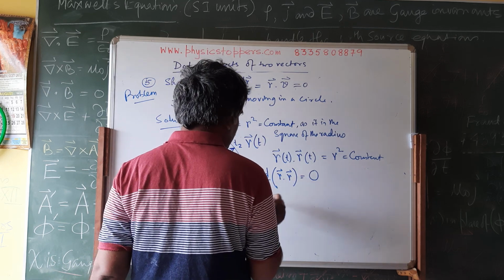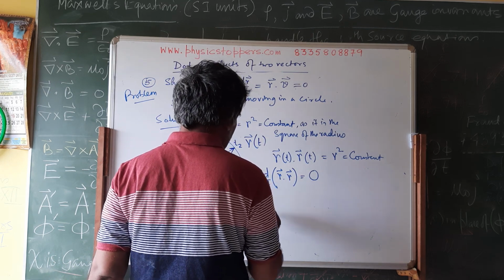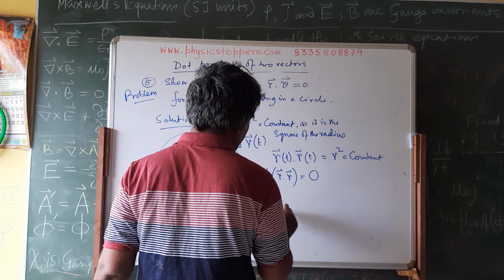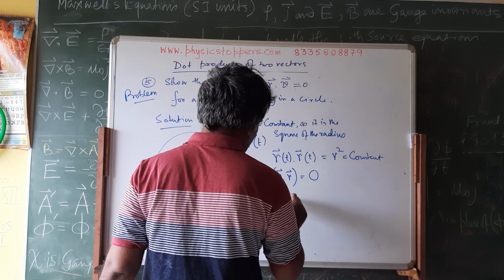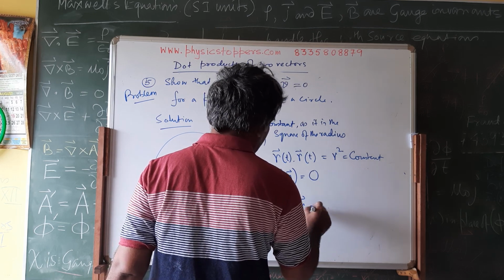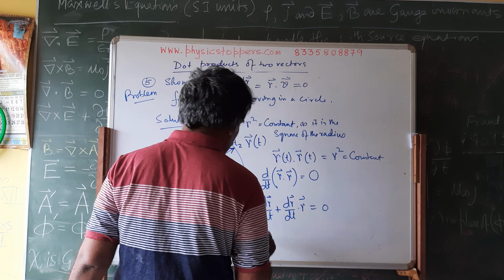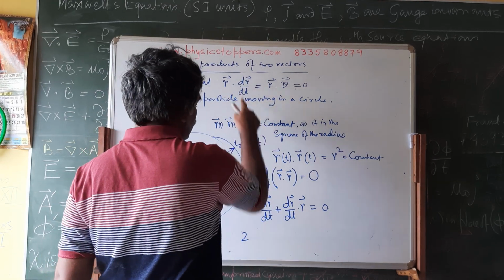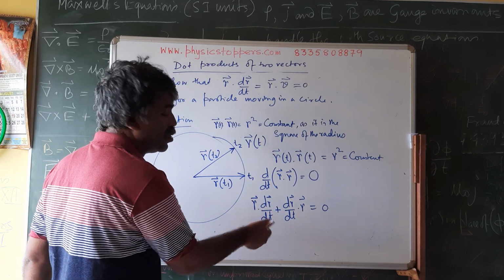So this is basically r dot dr/dt plus dr/dt dot r is equal to 0. So that is 2. What is dr/dt? This is the velocity. And dot product commutes, right?